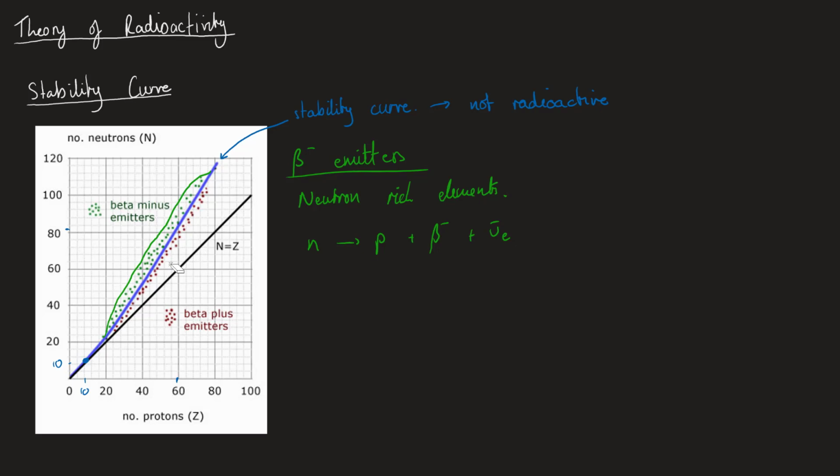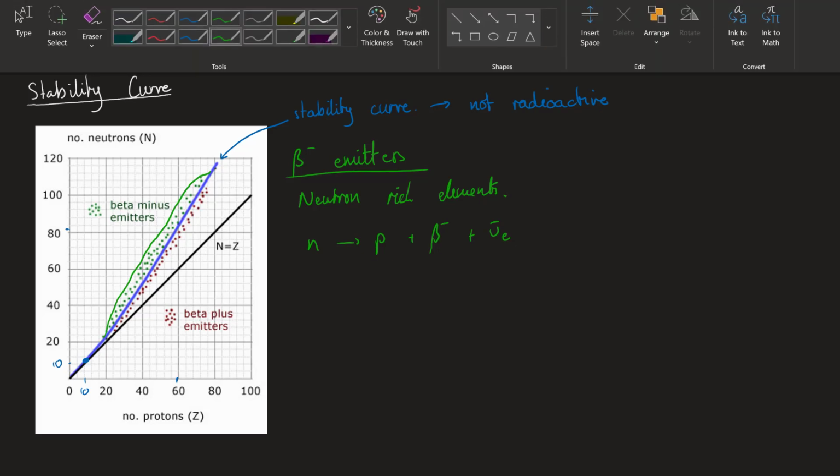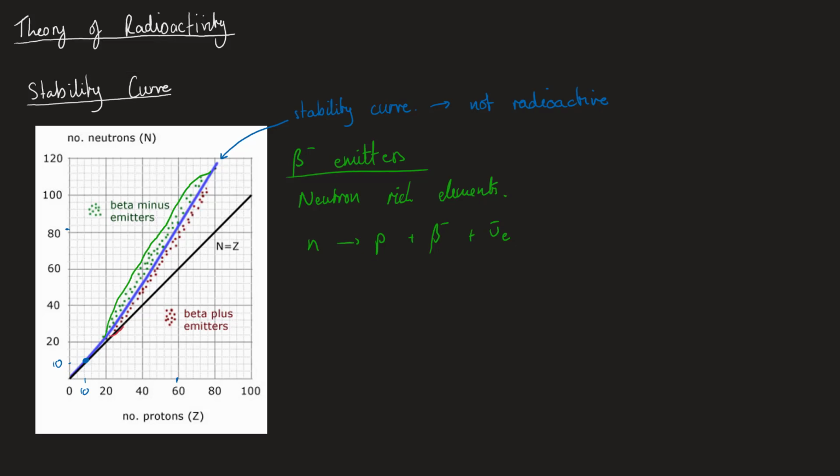If we had the opposite of this, if we go underneath this line, we end up with the beta plus emitters. The beta plus emitters have too few neutrons, so they are neutron deficient. I'm also going to describe this as being proton-rich. So we have isotopes that have too many protons and not enough neutrons.